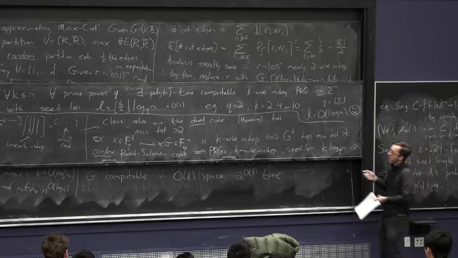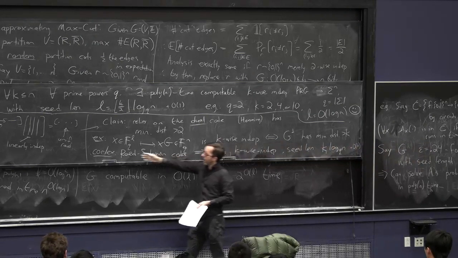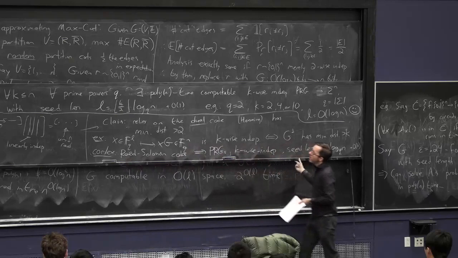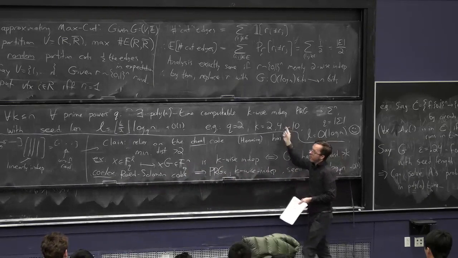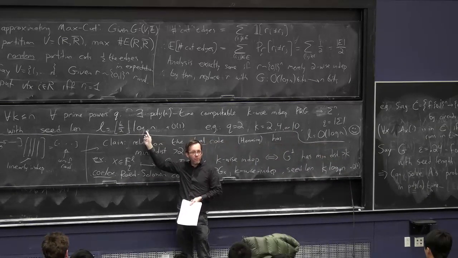So really just using this fact and plugging in what you know about Reed-Solomon codes, you basically get this theorem, except you have k here instead of k over 2.